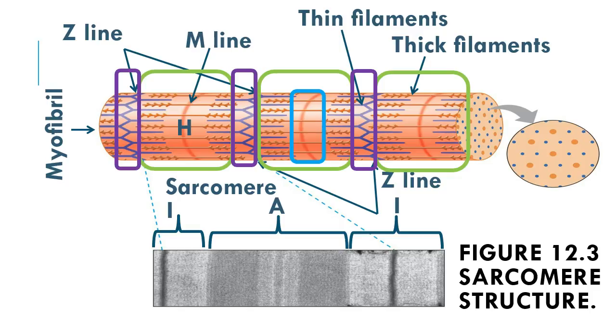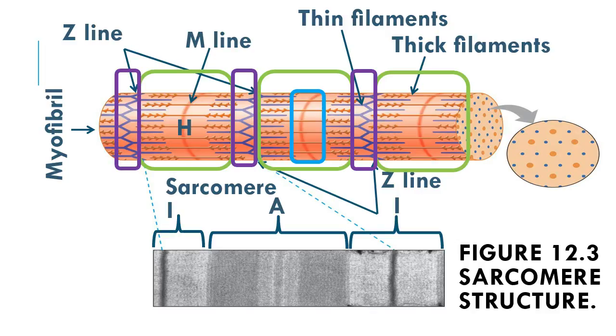So the H zone is in the middle of the what? The A-band, and it's the part where there is no thin filament. If the sarcomere is built right, it's right in the middle.